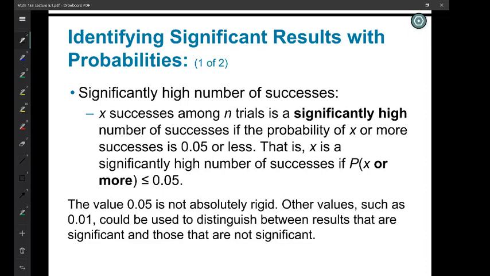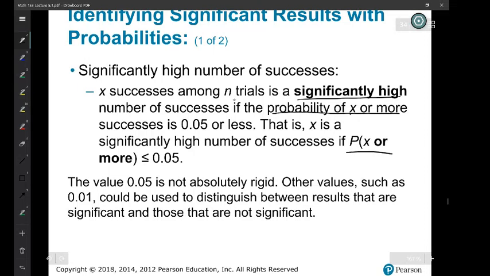So a significantly high number of successes, X successes among N trials, is significantly high if the probability of X or more is 0.05 or smaller.